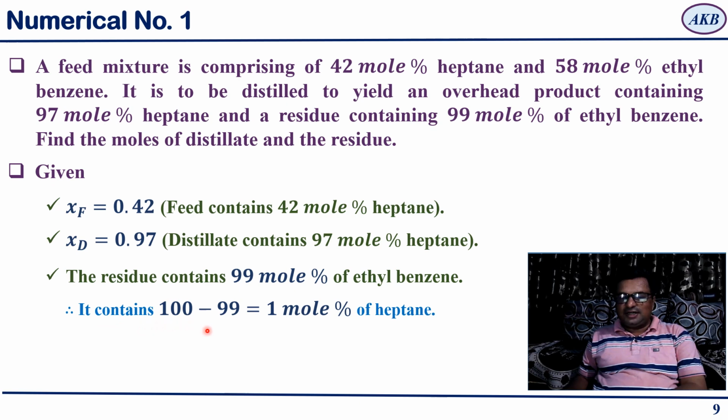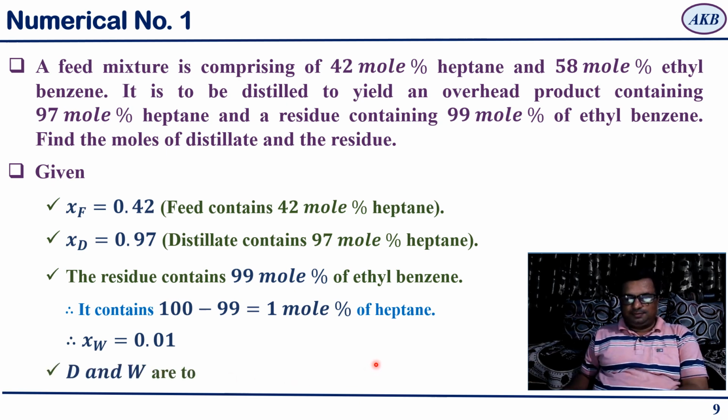It contains 100 minus 99, that is 1 mole percent of heptane, and this is of our interest. Therefore XW will be 0.01, dividing 1 mole percent by 100. So XW will be 0.01.